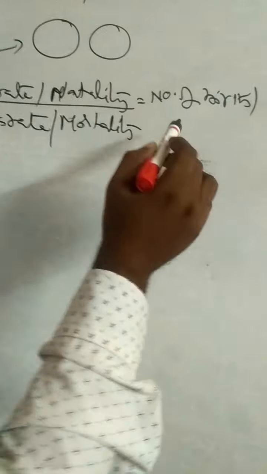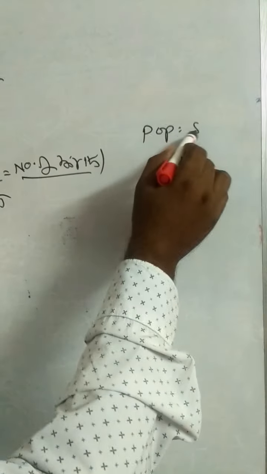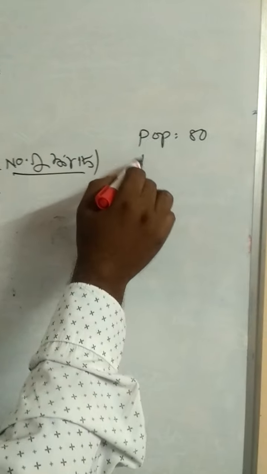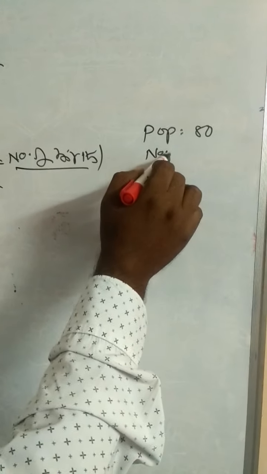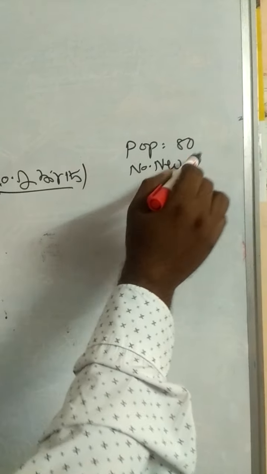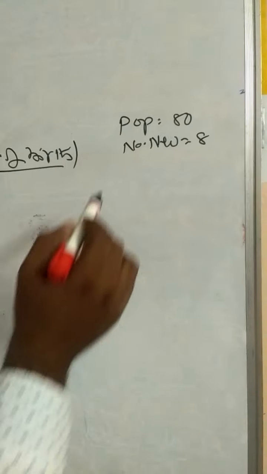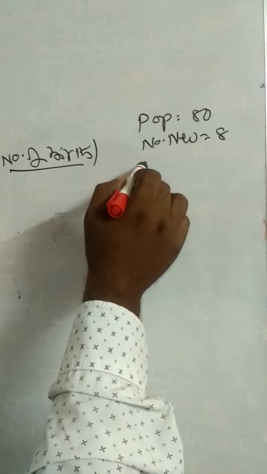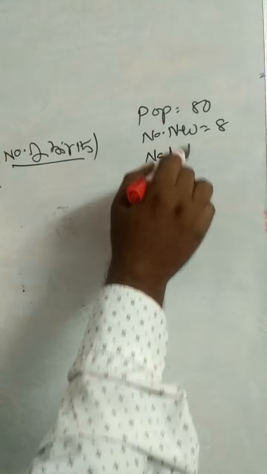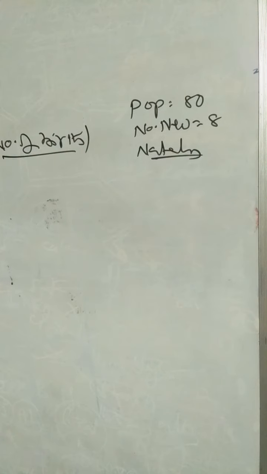For example, population is equal to 80, number of new individuals is equal to 8. Calculate the natality of that population.